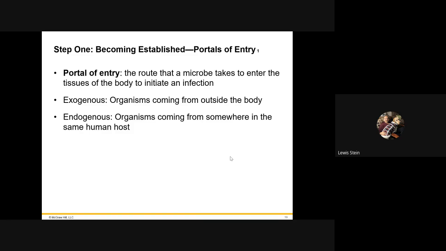Important parts of it: portal of entry and portal of exit. Portal of entry and portal of exit are often similar in the sense that when I have the flu, I inhale it. When I cough and sneeze, because of it, I spread it. That's portal of entry and portal of exit. Normally, they are the same. When I have gastrointestinal disease, fecal to oral, typically it's entering through my alimentary canal and exiting through my alimentary canal.